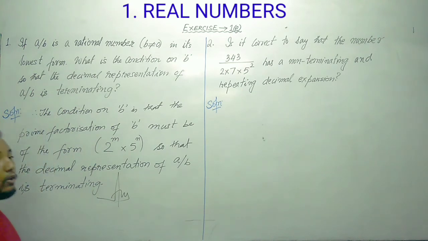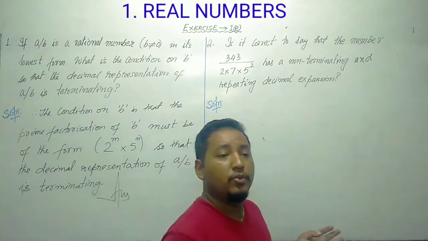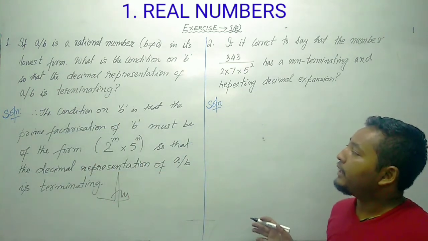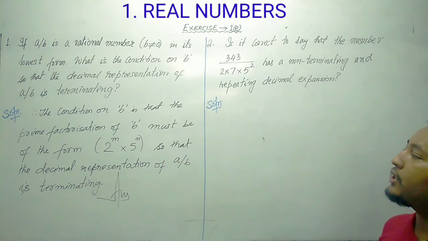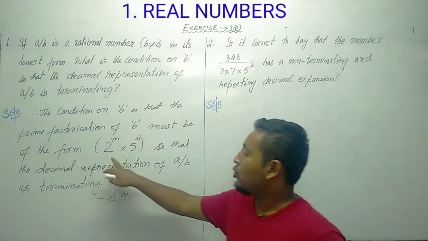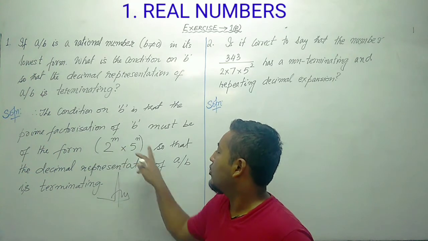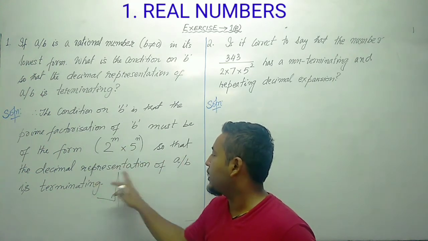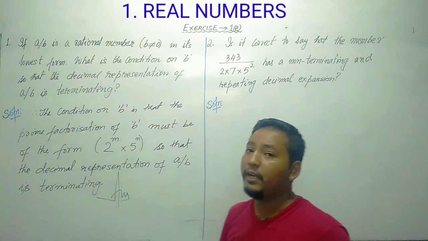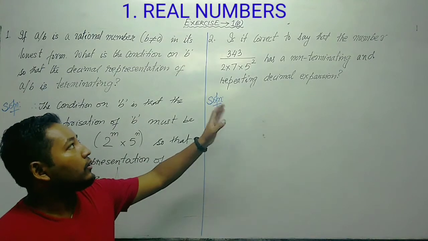That is our answer. So what is the condition on b? The condition on b is that the prime factorization of b must be of the form 2 to the power m into 5 to the power n, so that the decimal representation of a by b is terminating. Now let us look at question number 2.